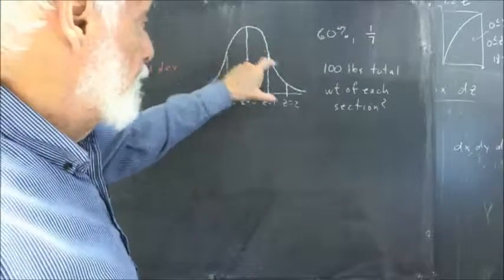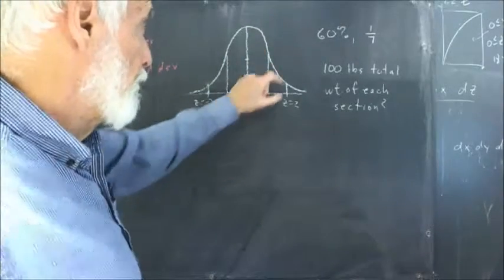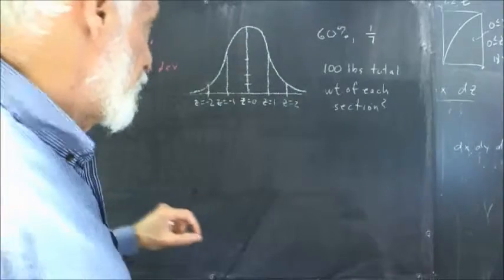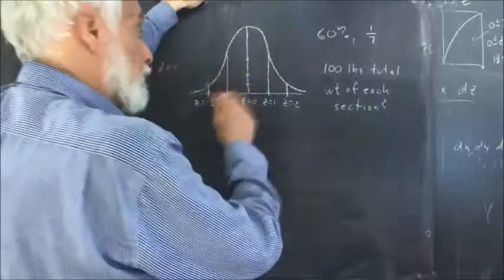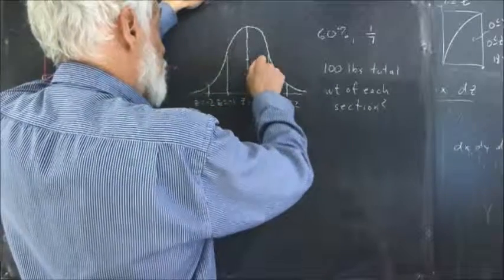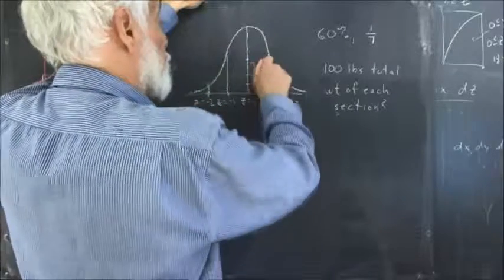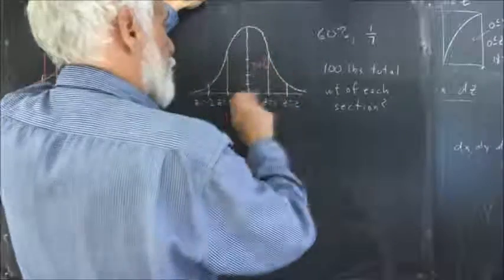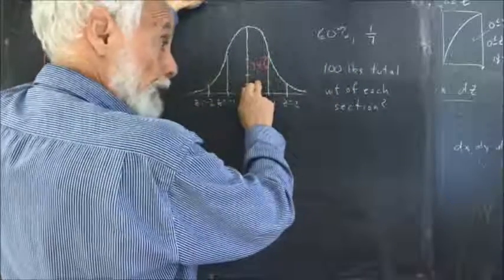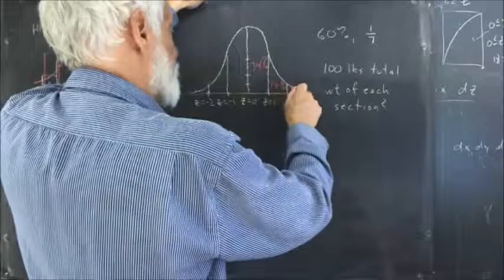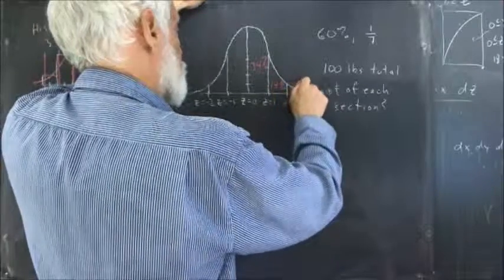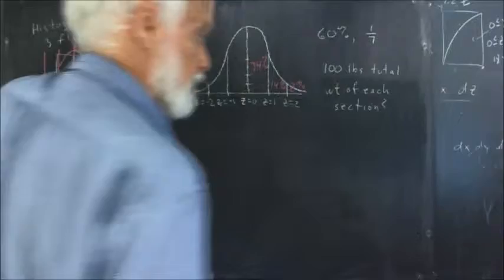You're not going to estimate 60% really accurately. You're not going to estimate 1/7 all that accurately. But for a perfectly drawn bell-shaped curve, a normal curve, you'd have 34% of the curve here. And of course, if it weighs 100 pounds, that would be 34 pounds. 14% here, and about 2% in the rest of the curve.